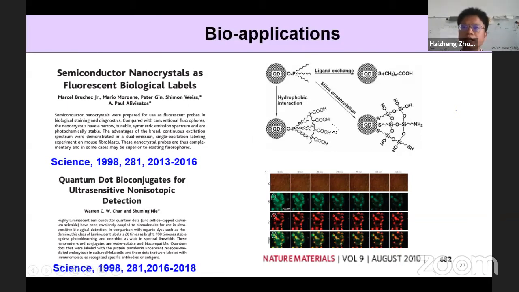This strategy enables the phase transfer of QDs from organic phase into aqueous solutions. If you want to learn the details, you can refer to these two Science papers. And this enables the exploration of quantum dots in different bioimaging systems.